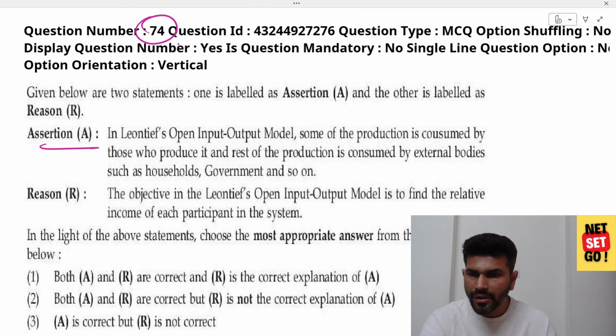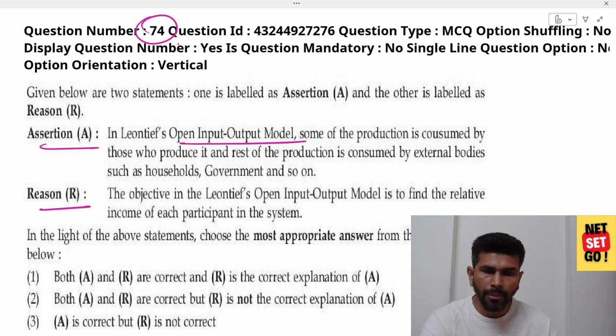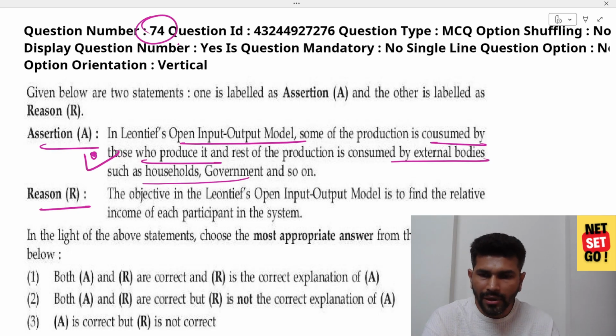Next, assertion reason. In Leontief's open input-output model, some of the production is consumed by those who produce it, and the rest of the production is consumed by external bodies such as households, government, and so on. Correct? It means the production will be consumed by the farmer itself first, and then the rest of the production will be consumed by external participants. Assertion is correct.